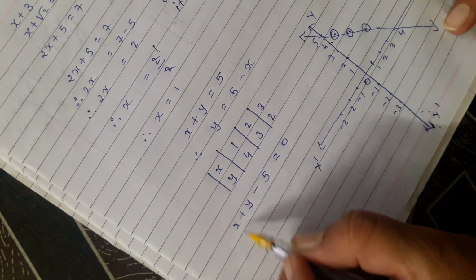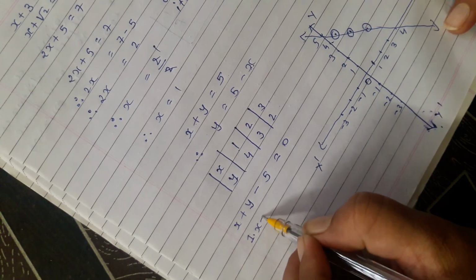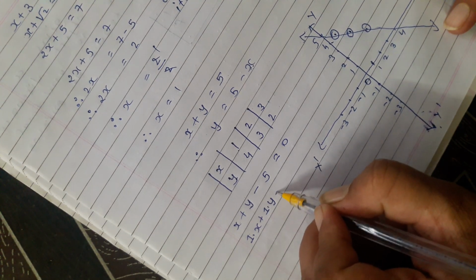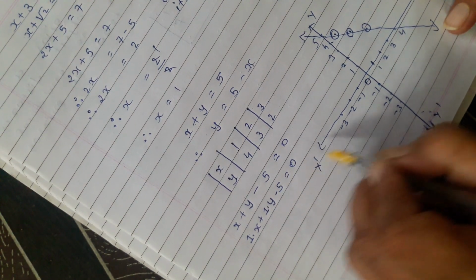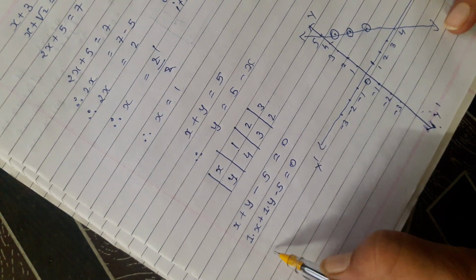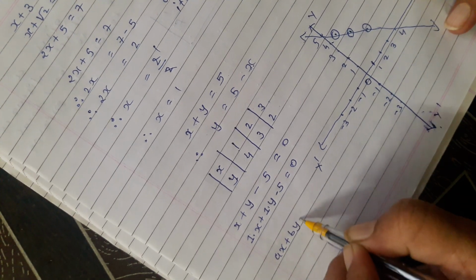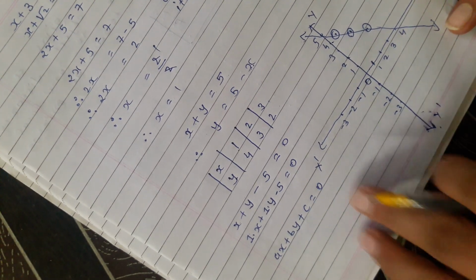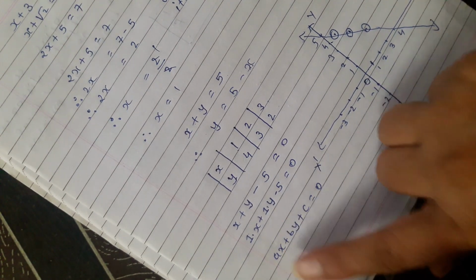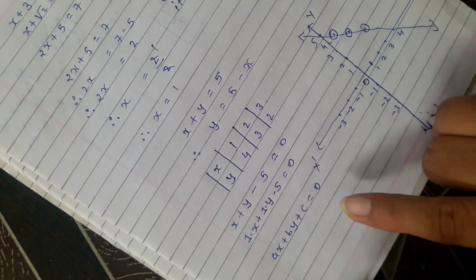So also we can say, what is the coefficient of x here? 1. So 1 into x. Here the coefficient of y is 1. 1 into y. Minus 5 is equal to 0. So we can write this equation in the form of ax plus by plus c equal to 0, where a equal to 1, b equal to 1, c equal to minus 5.